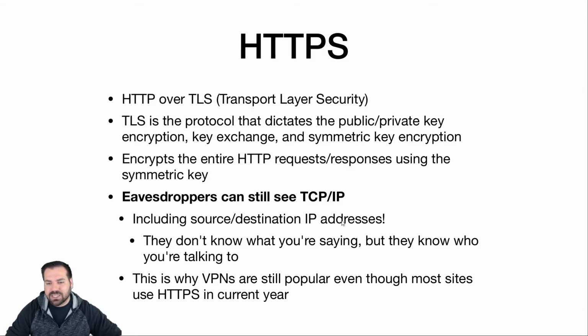You're visiting these 3 sites and they tend to work together. There are things they can figure out. So the VPN helps by bouncing your traffic off of a VPN server. People can still see, on your side of the communication, that you're connecting to a VPN, but they don't know what you're doing after that. They can still see the IP address of the VPN, though, and see, oh, you're connecting to a well-known VPN IP address.